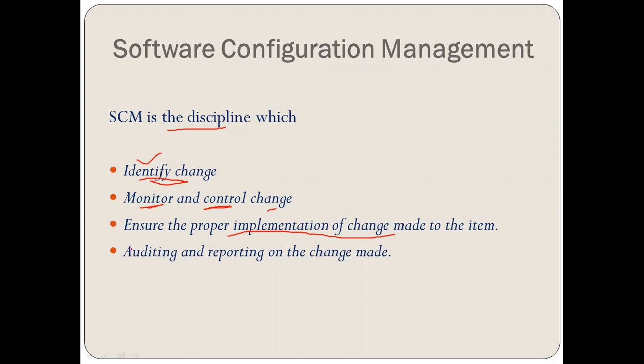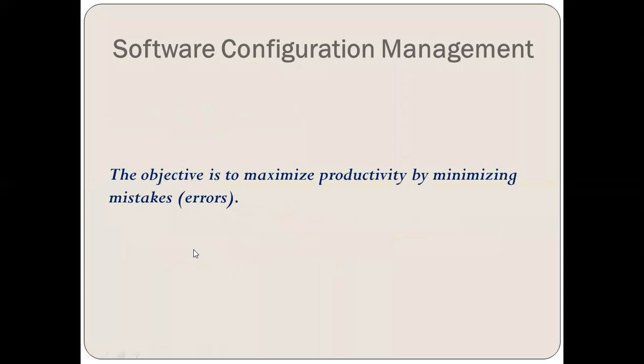And lastly, we are going to audit and report the change which we have made. When I say we, I mean the development team. So these are the points you have to remember: identification, modification, monitoring, controlling, proper implementation, auditing, and reporting.